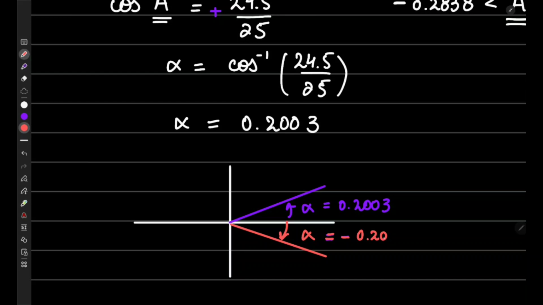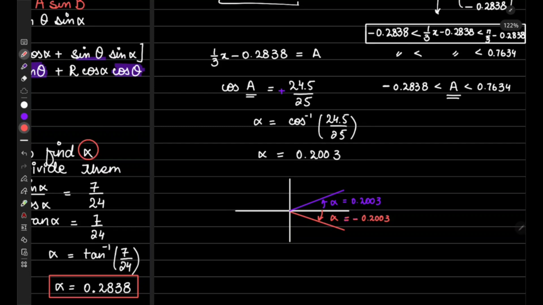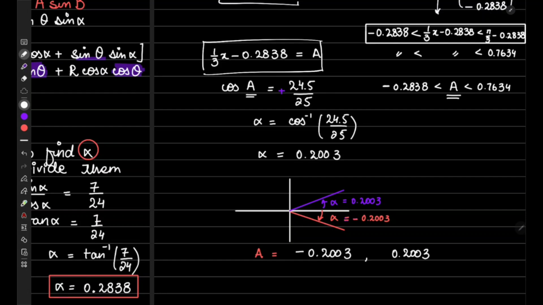Now that you have these two angles and they lie in this range, you can apply back the A values. So A is either minus 0.2003 or 0.2003.